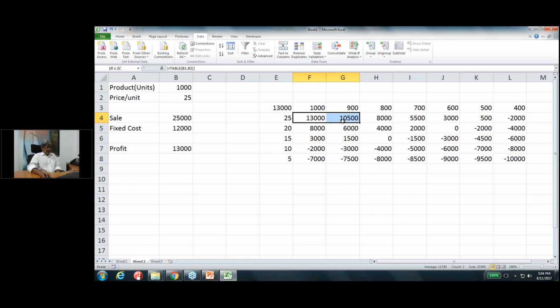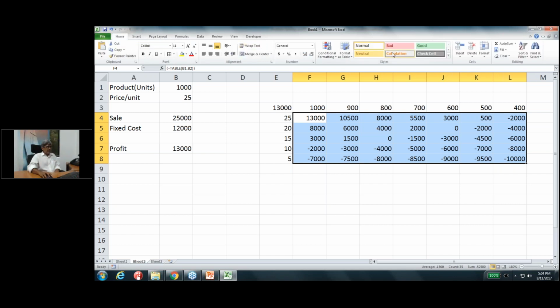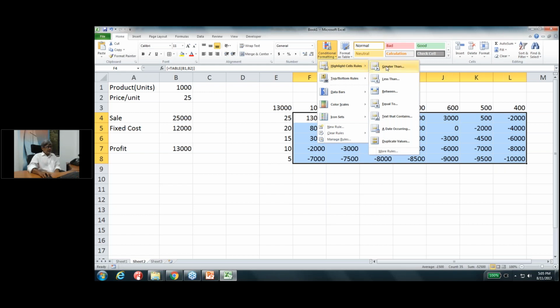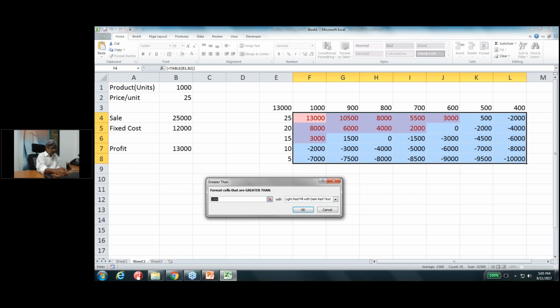If we use conditional formatting to visualize it more, then we have the Home tab, then conditional formatting, and highlight cells greater than 0, just like that.